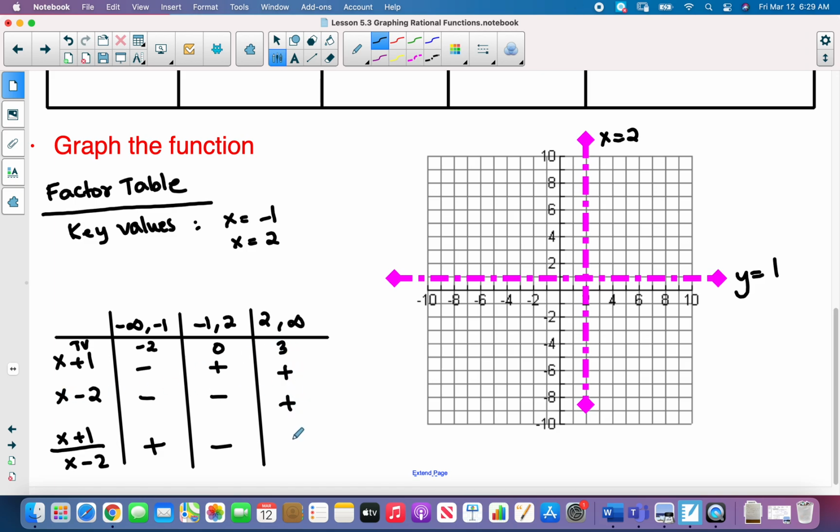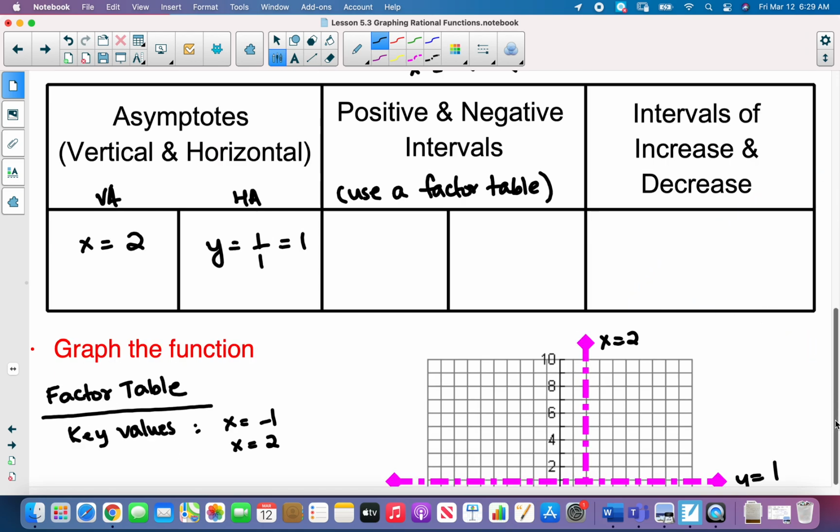You divide a positive and a positive, you get a positive. So you can see that the function is positive in this interval, negative in this interval, and positive again from 2 to infinity. So that kind of gives us an idea of where the function lies.